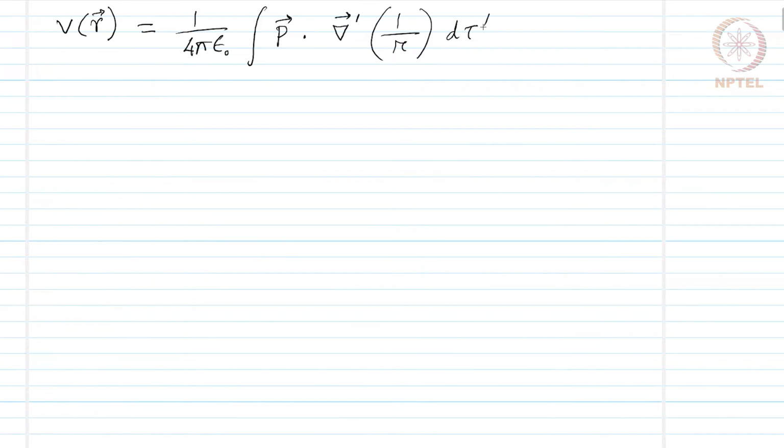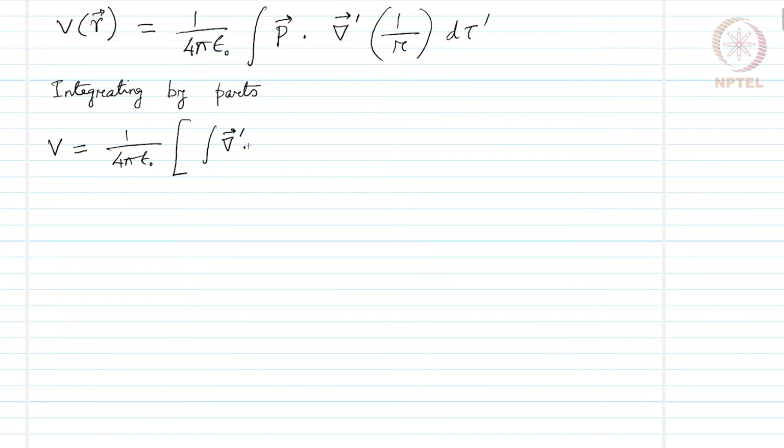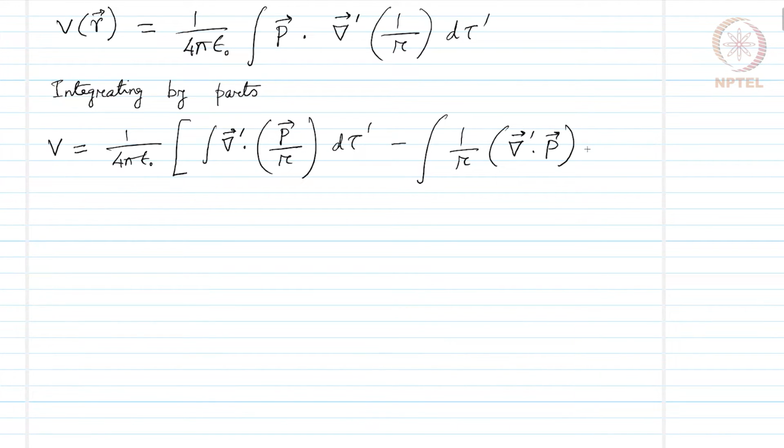And now if we integrate it by parts, so we have a part P and a part this gradient function, we will get the potential equal to 1 over 4 pi epsilon naught, integration of del prime dot (P over curly r), the divergence of this quantity, d tau prime, minus integration of 1 over curly r, del prime dot P, d tau prime.